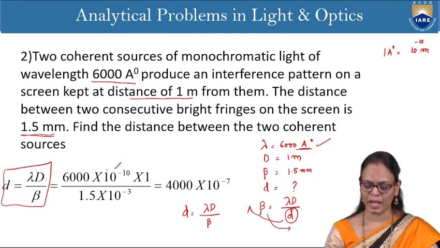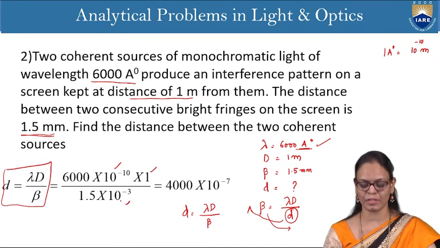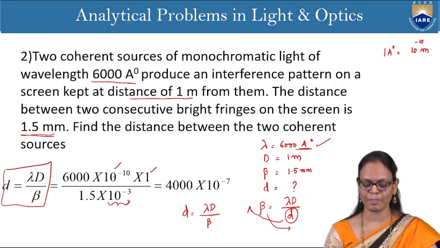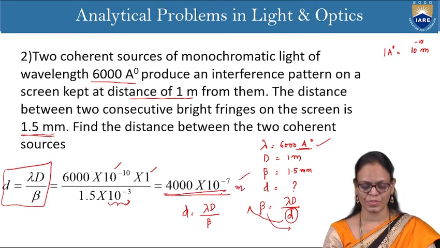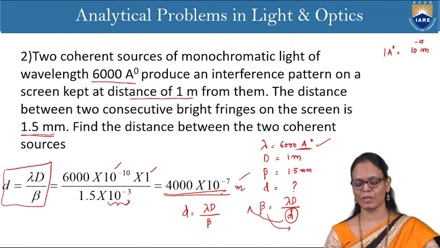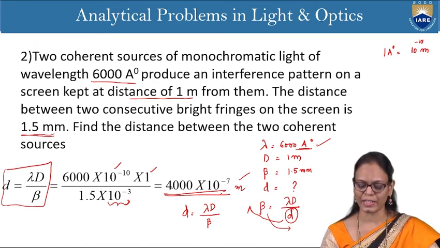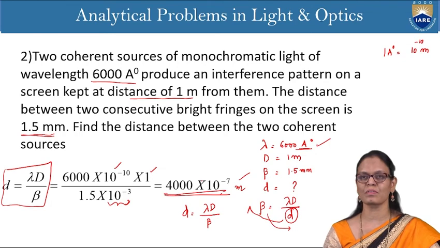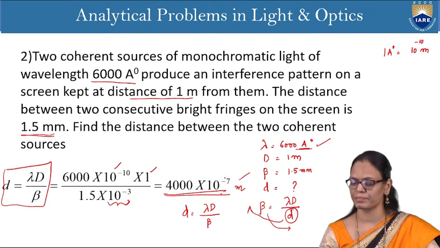So this is lambda. This is capital D which is given in meter, and beta which is in millimeter. We are going to convert it into meter, 10 power minus 3. So simplify and substitute, you get the answer. So this will be in meter. So the distance between the 2 slits, I can write it as 0.4 millimeter also is correct.